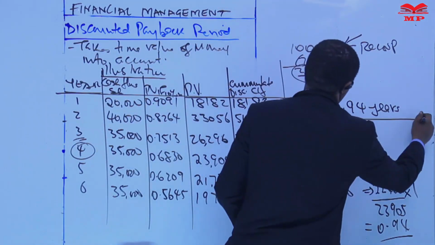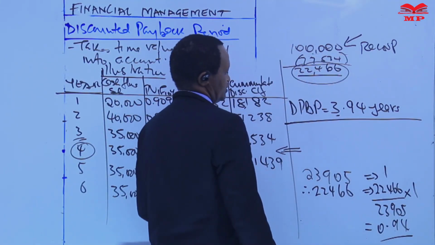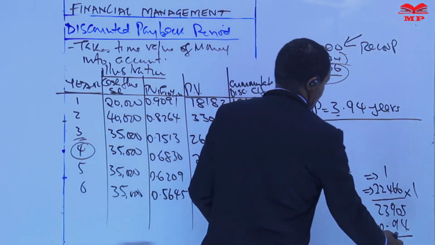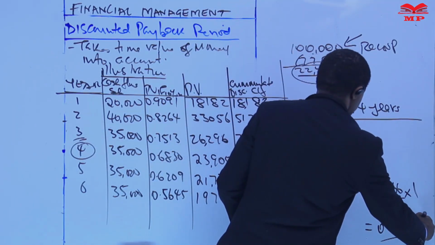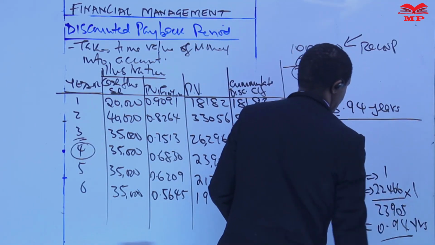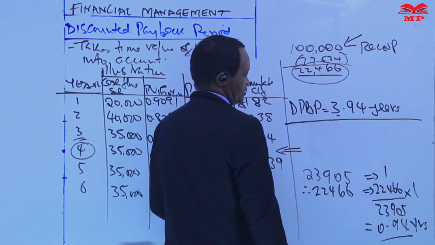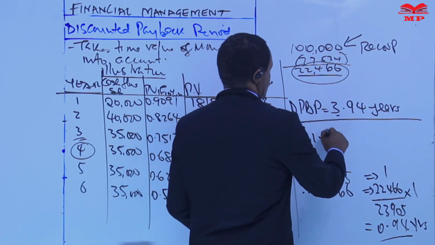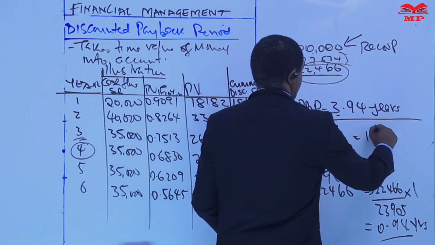But that can be converted into months. This 0.94 years: 1 year is equivalent to 12 months.